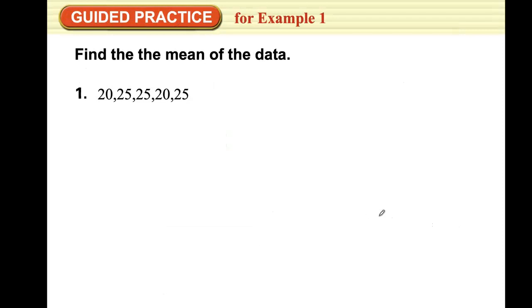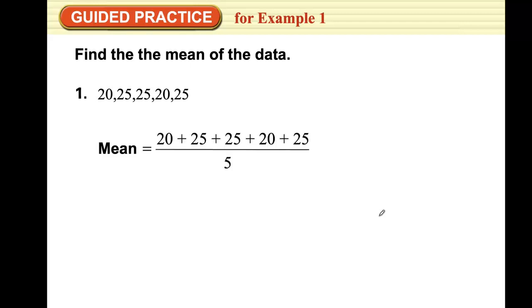So let's try another example. For the practice and the mastery check, you will be finding the mean of the data. To do that, you're always going to take the data and add it up. Here we took 20 plus 25 plus 25 plus 20 plus 25. And then I divide that by 5, and you're thinking, where did that 5 come from? I don't see that anywhere in my problem.